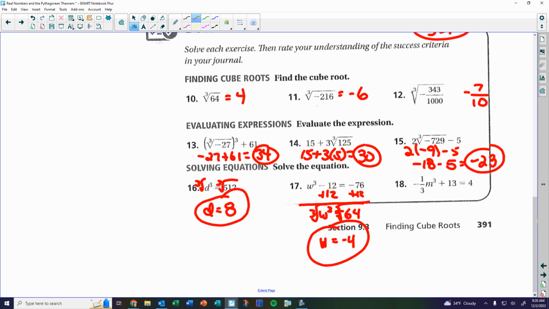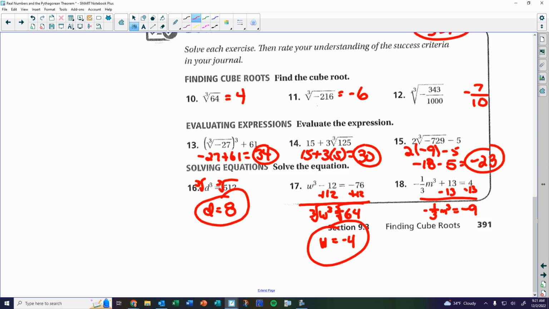Now remember, in the last one, we talked yesterday about what you do with those fractions. So I got to get rid of the 13 first. I can get rid of the 13 by doing what? Subtracting it, right? When I subtract 13 from both sides, I'm left with negative 1/3 m to the 3rd on the left and negative 9 on the right, because 4 minus 13 is negative 9. Who remembers from yesterday, how do I get rid of the negative 1/3? What do we do to fractions? Multiply by what?